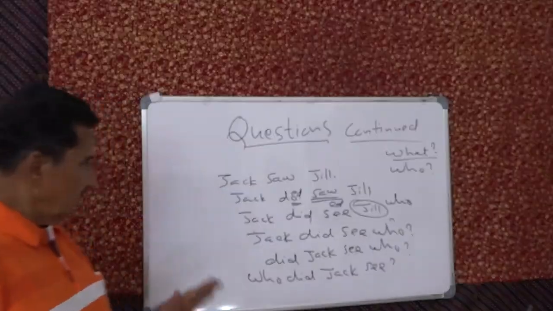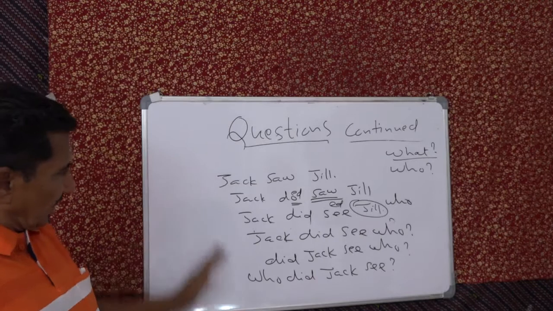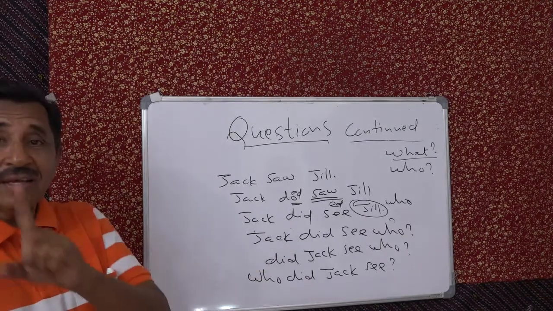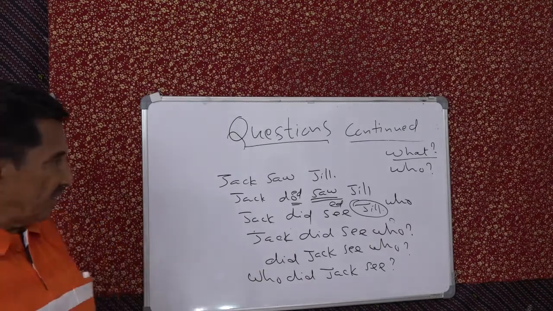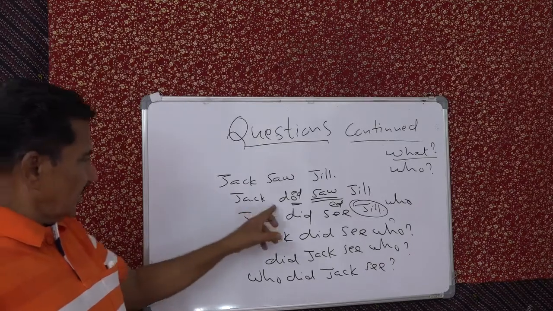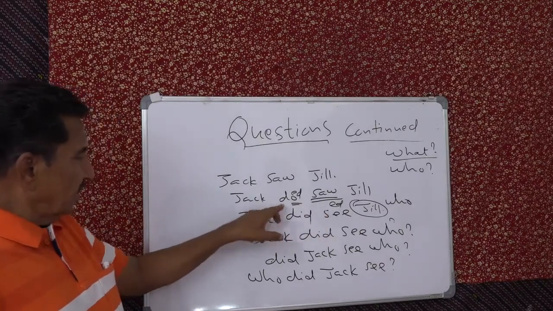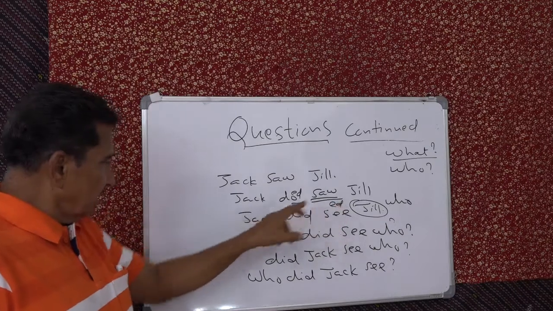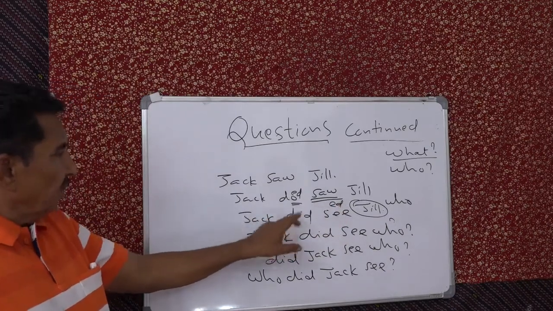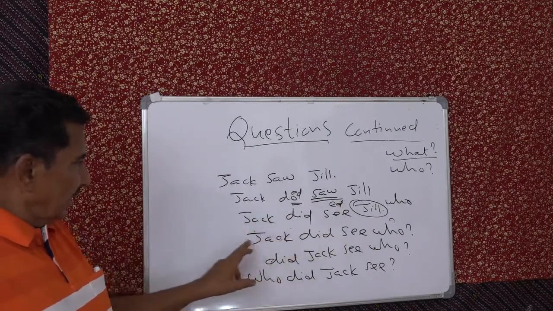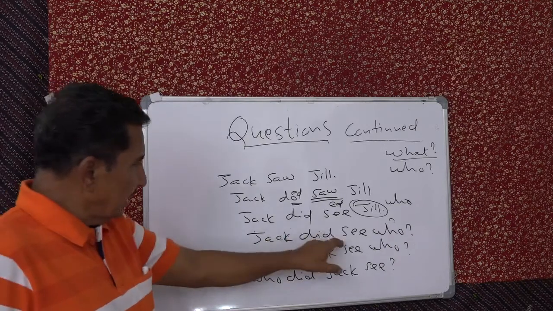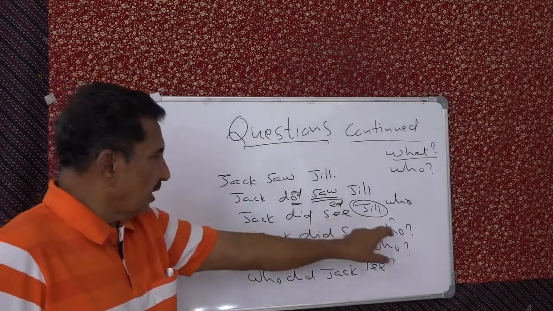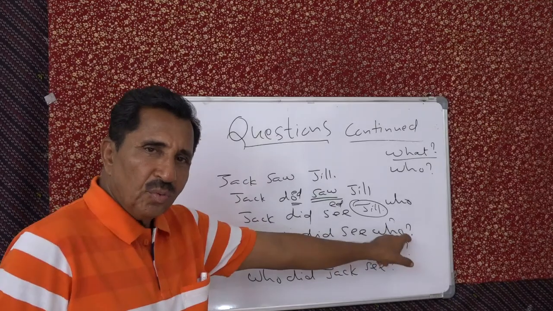Did you see that? So this is because it's a single word tense, or simple past. So you have to make it a phrase. When you make it a phrase, the past tense has to be attached to do. Do becomes did. Then you will see Jack did see. Instead of Jill, a person, therefore you use who, not what.